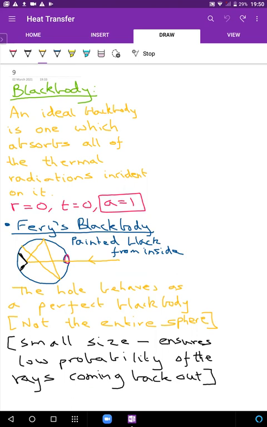Black objects in general will absorb most of the rays. A small amount will reflect, so I drew the slight reflection, then here again a slight reflection, and here again. Ultimately, after 4-5 reflections, the rays have almost disappeared. That's the idea. Ultimately all the rays after multiple reflections will be completely absorbed by the internal surface of this black body.